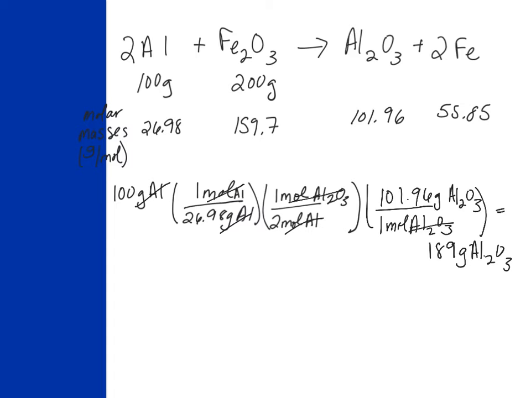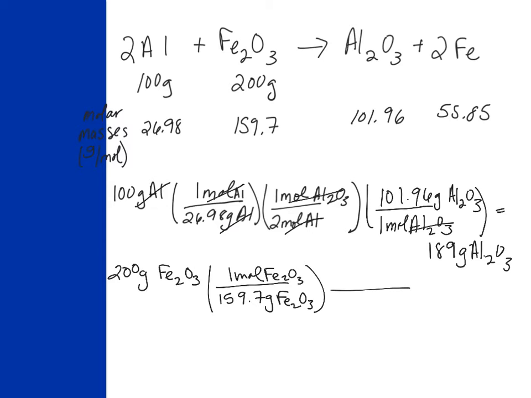Well, that tells us what we'll produce if aluminum was the limiting reagent, but at this point, we still don't know whether it's aluminum or iron oxide, so we need to do a similar calculation with the iron oxide. So we started off with 200 grams of iron oxide, and again, we want grams to cancel out, so we're going to use the molar mass, 159.7 grams of iron oxide in 1 mole.